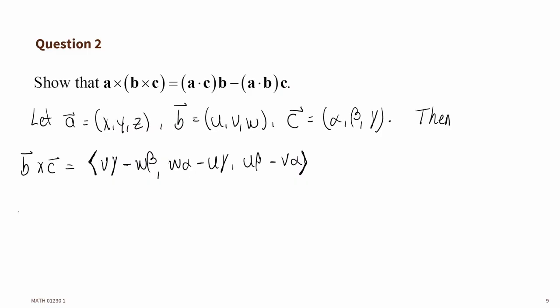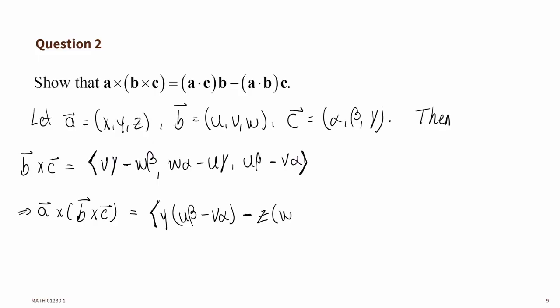Oh, this is going to be fun. It will be X times U beta minus V alpha, minus, no, I'm sorry, that's not X, that's Y. Minus Z times W alpha minus U gamma. That's the first component.